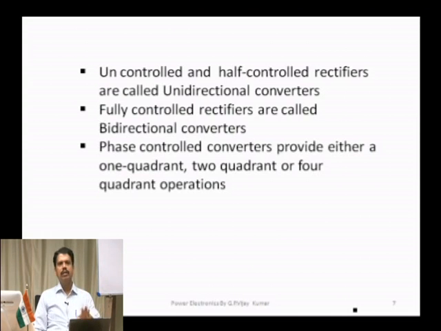In 2 quadrant, the output voltage may be positive or negative, output current will be positive. In 4 quadrant, the voltage or current can be either positive or negative. We will go into details later in the slides.